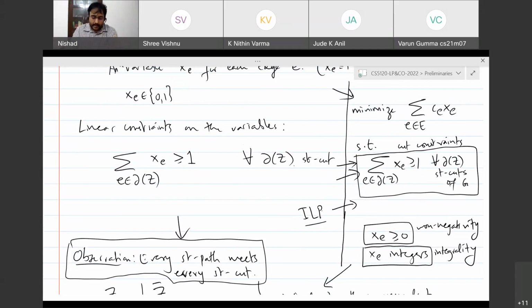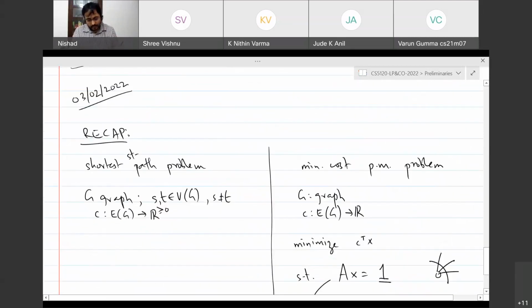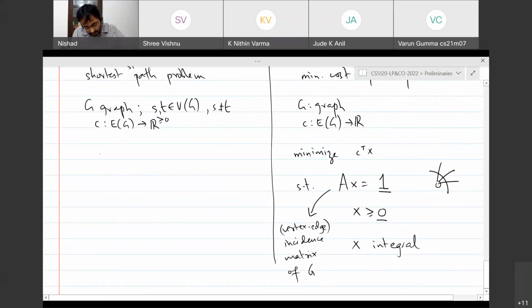So we are minimizing C transpose X subject to, let's write down the others, X at least 0 and X is an integral vector.